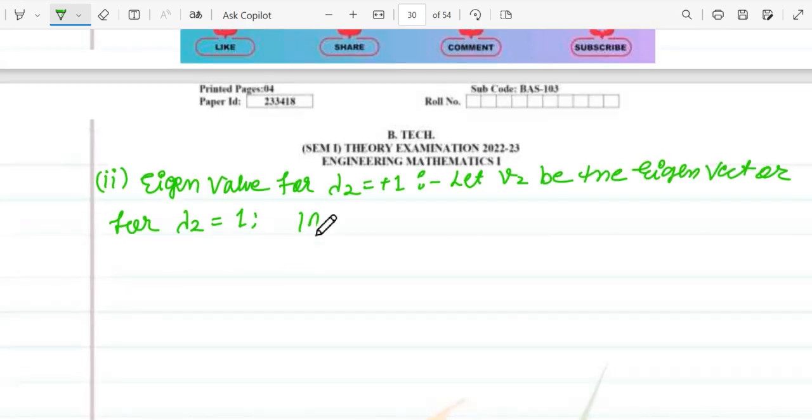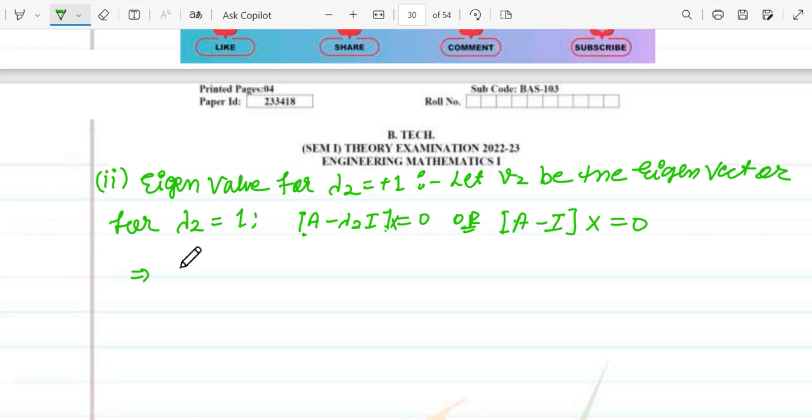Therefore A minus lambda 2 I is equal to 0, that is matrix A minus I into x is equal to 0.